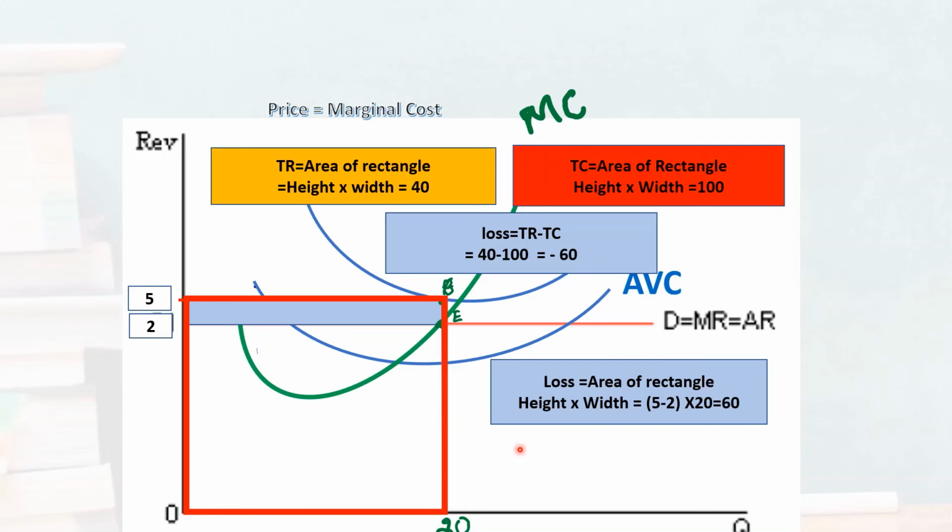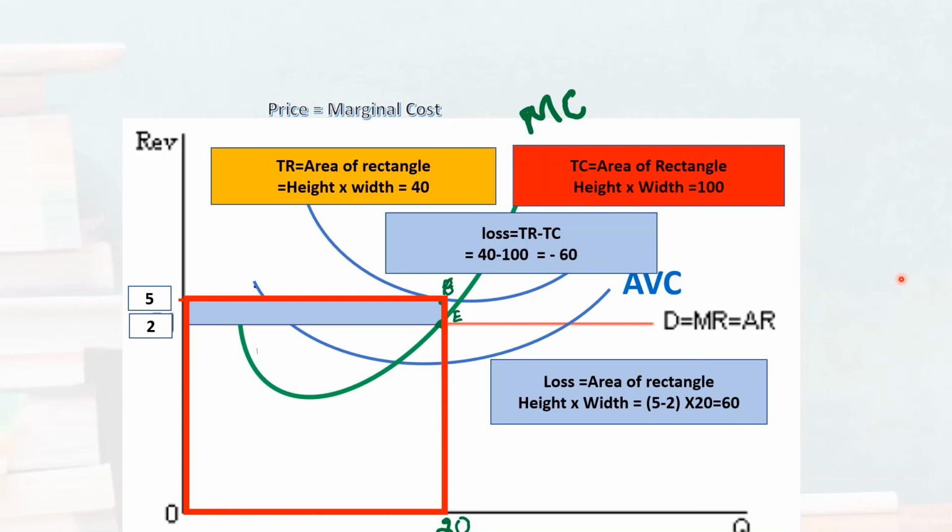So the area of this small rectangle is height into width. Height is equal to 5 minus 2, which is 3, and then we multiply it with the width, which is 20. So again you will have a loss equal to 60.